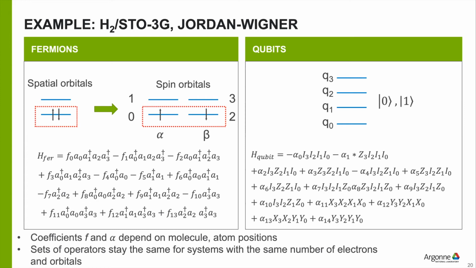What is really happening is that we go from using fermionic excitation operators in the second quantized form, meaning you work with the occupation number representation as 0 or 1 for each spin orbital, to the quantum computer, where you also have a 0, 1 representation, and this is how these two are related.